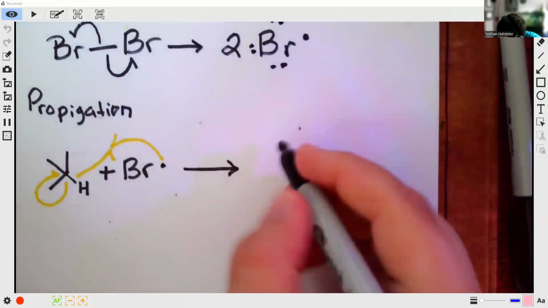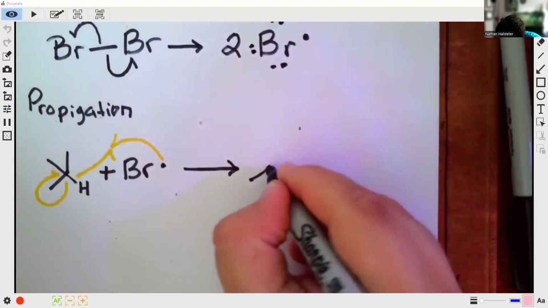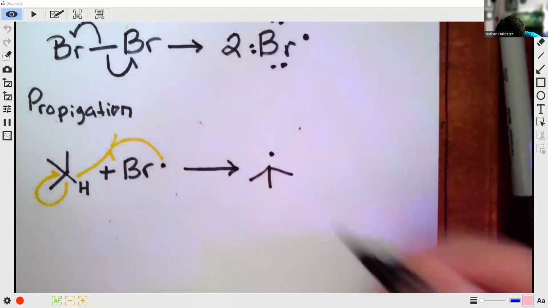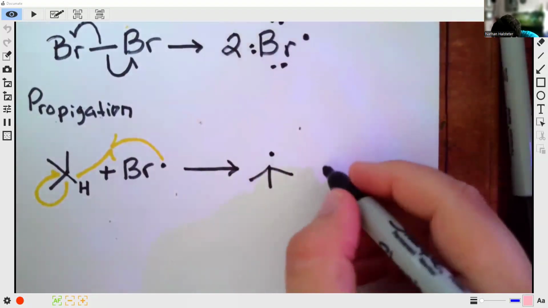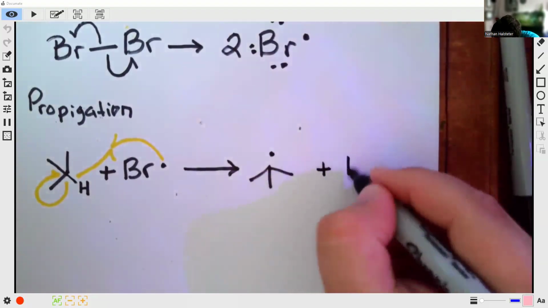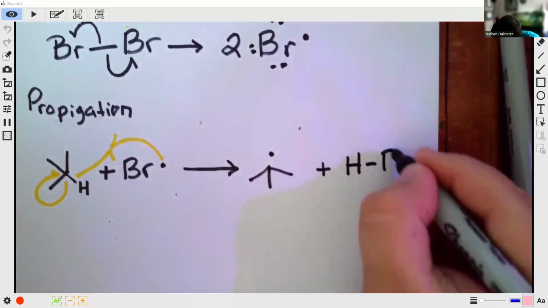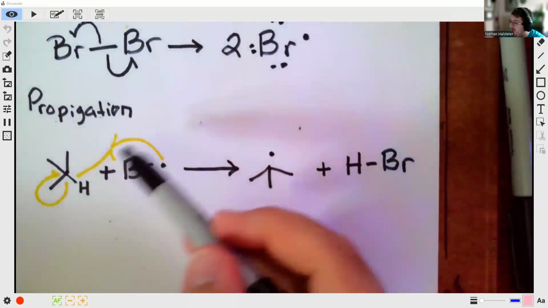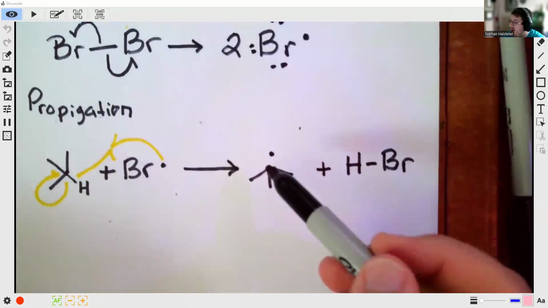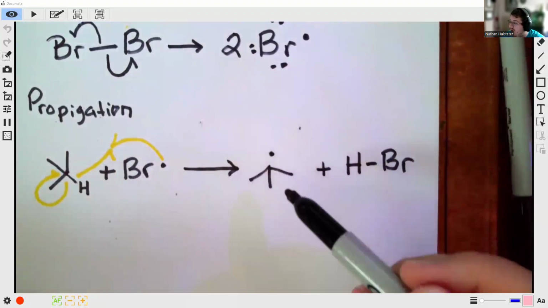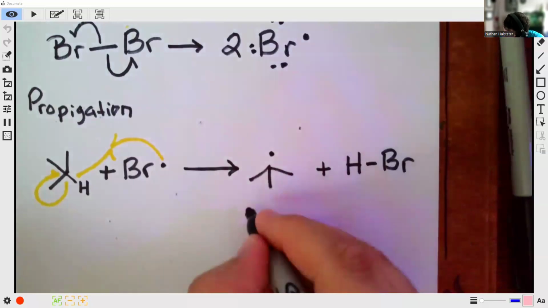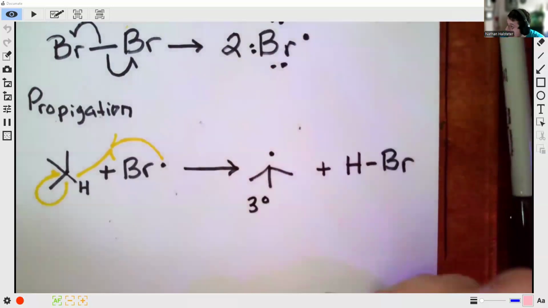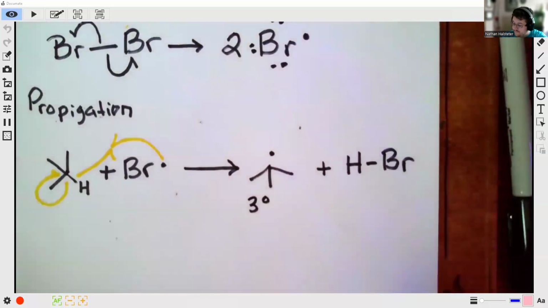So our products for this would look like this. Now we formed a new bond between hydrogen and bromine because now there are 2 electrons being shared. Now we formed a carbon radical. What type of carbon radical? It is a tertiary carbon radical intermediate.